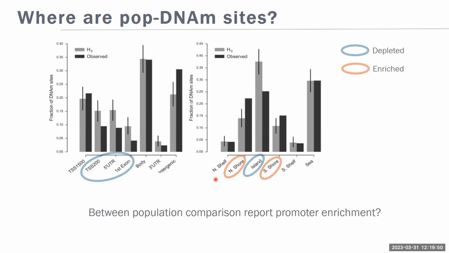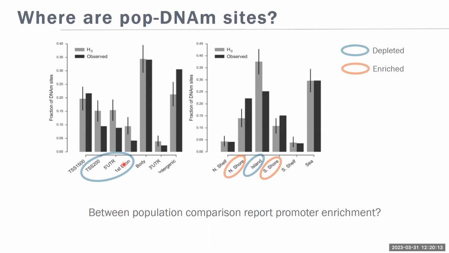The one disappointing thing is that we see depletion around transcription start sites, so promoters, which is in contrast to what the studies which compared populations directly found. They reported an enrichment of these population-specific methylation sites at promoters.